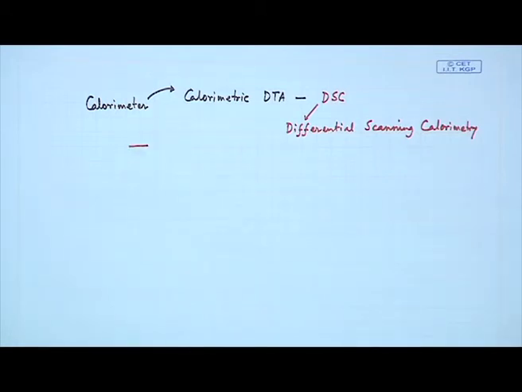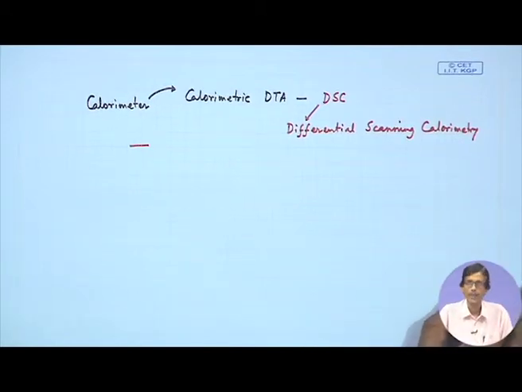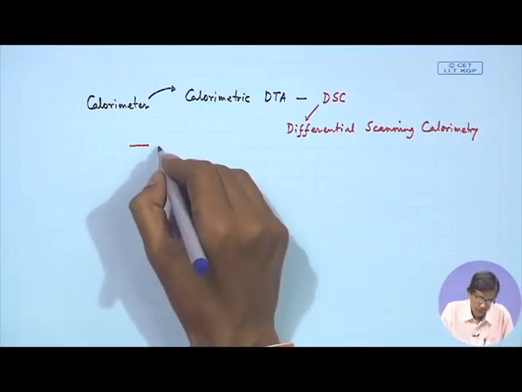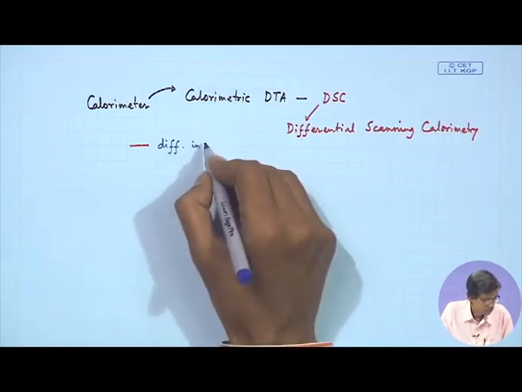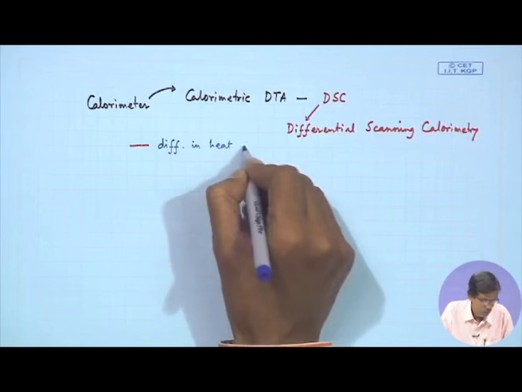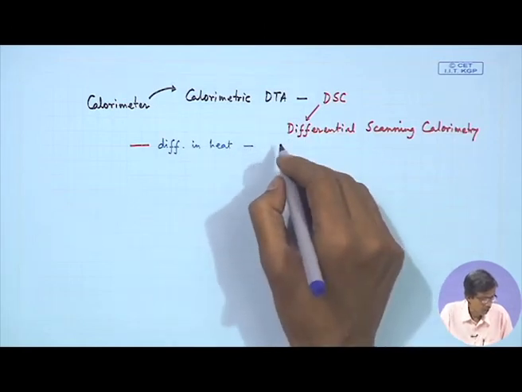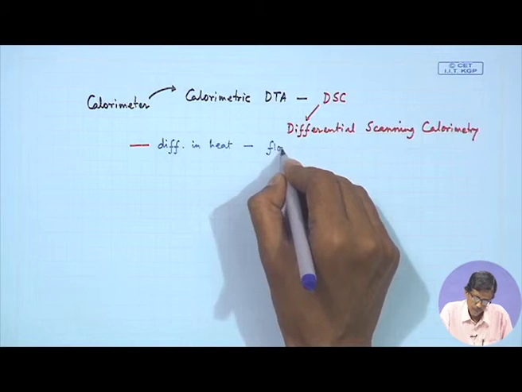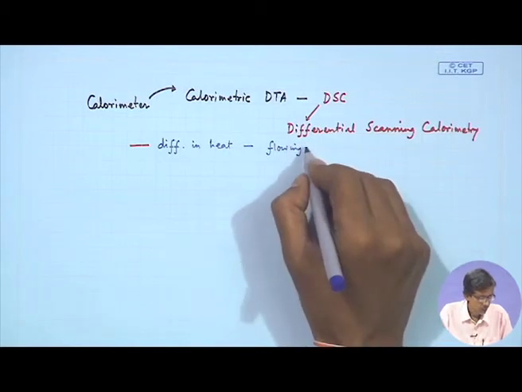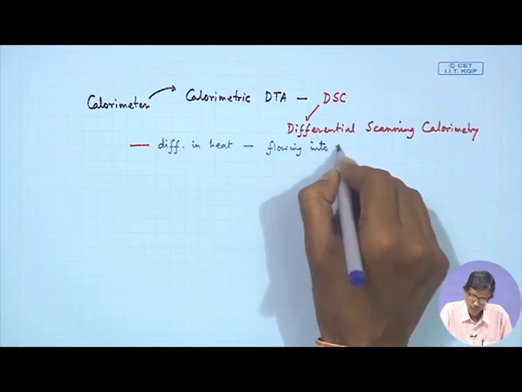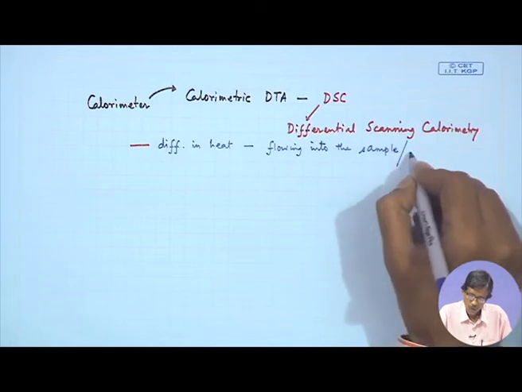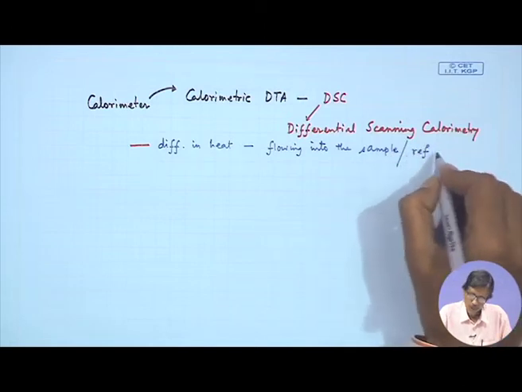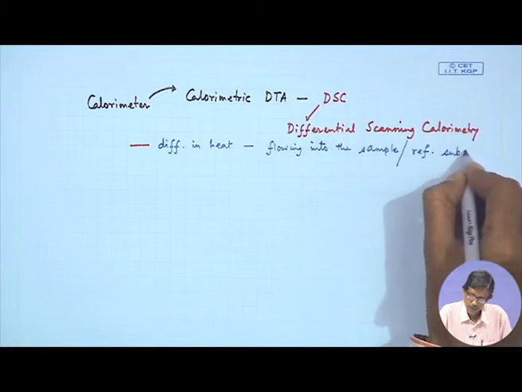So, DSC is also sometimes very useful if we require some more information related to heat, not only the temperature. It is basically the difference in heat flowing into the sample or the reference substance.